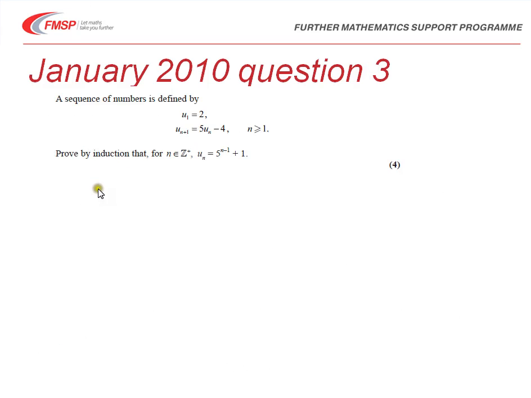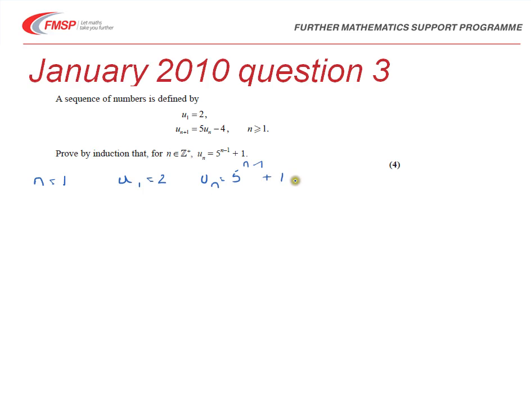The second type of question is one of looking at sequences and formulae, and again the process is exactly the same. We must go through all of these. So the base case, n equal to 1, we can say that u1 is equal to 2, and u1 in our other formula, un equals 5 to the power n minus 1, plus 1.